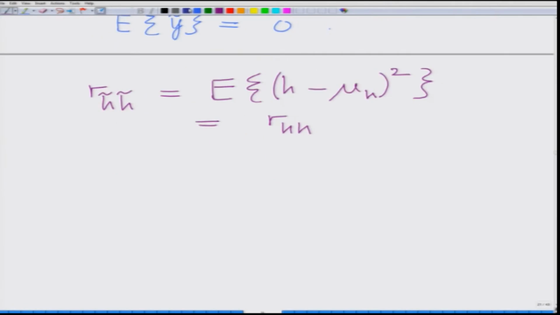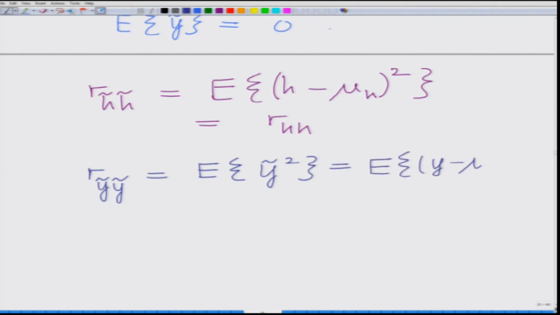Okay. Similarly, r y tilde, this is the variance of y tilde, which is the expected value of y tilde square, which is expected value of y minus mu y square, which is equal to r y.